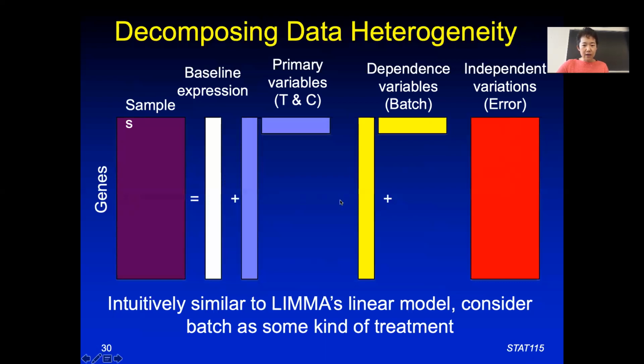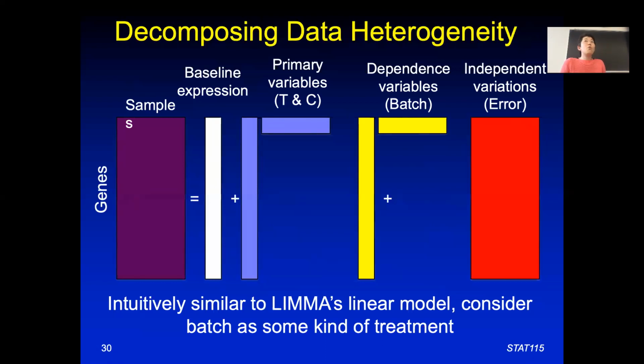Sorry, I need to add a plus sign in here. So originally you have your baseline gene expression. You also have your treatment and control, but on top of this, because the samples come in different batches, you can also put this in a design matrix to say, okay, these are your batches, batch 1, batch 2, or batch 3. And depending on the batch, they also have a differential effect on the different genes.